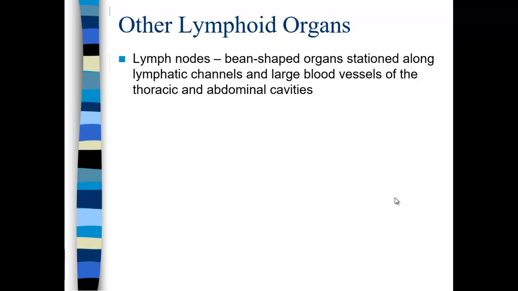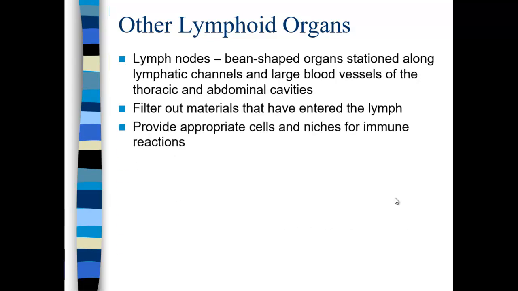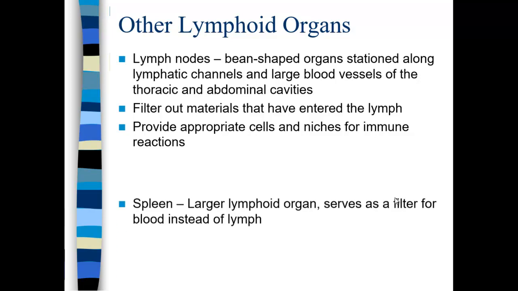These are associated with large blood vessels in the thoracic and abdominal cavities, and they filter out materials that have entered into the lymph. And they provide appropriate cells and niches for immune reactions. So this is where immune reactions can take place, and this is where the cells can be released for immune reactions.